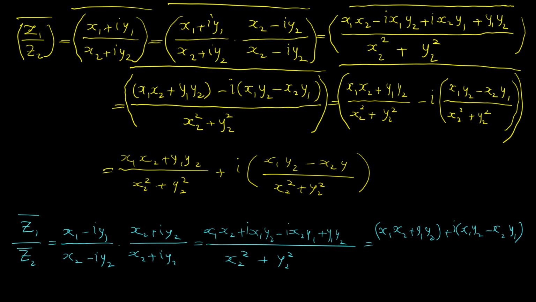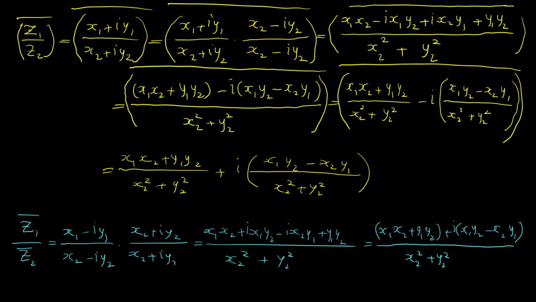And please pay attention, here I forgot the index of y. It should be y sub 1, so here it's y1. Let's continue our process here. Then the denominator is x2 to the 2 plus y2 to the 2.